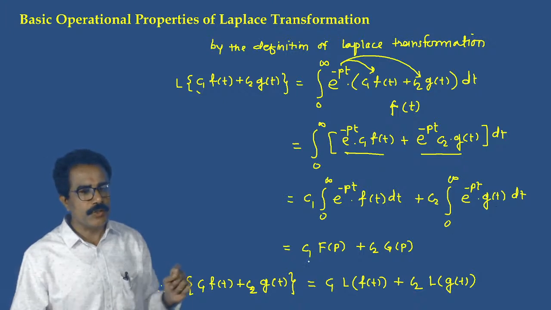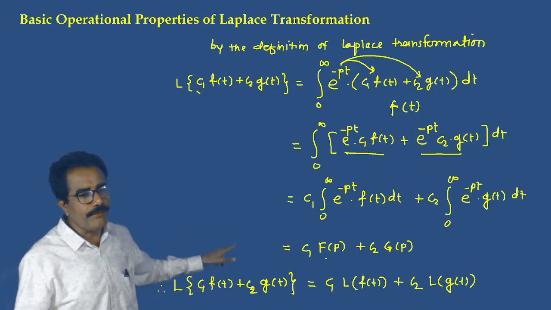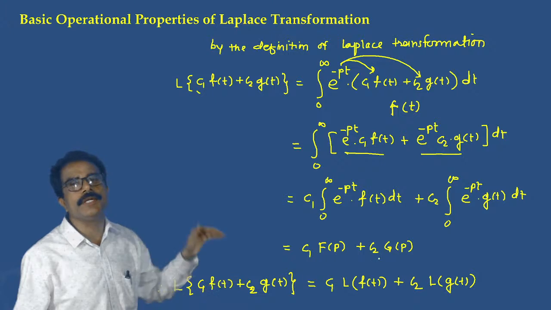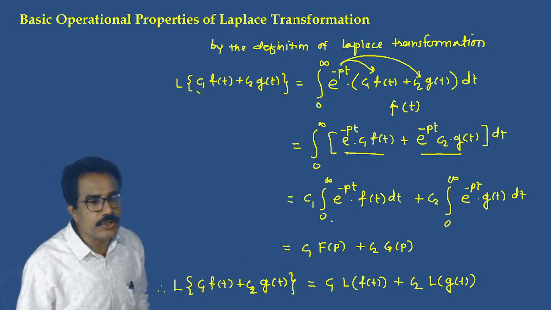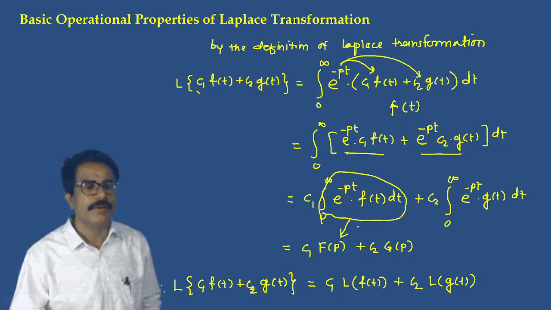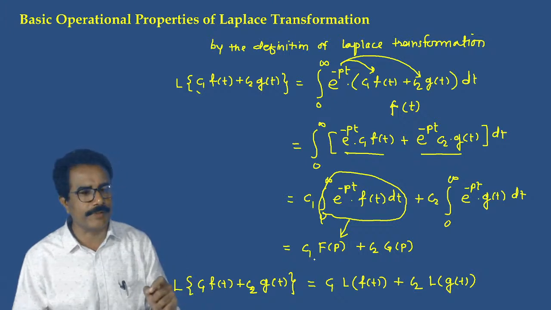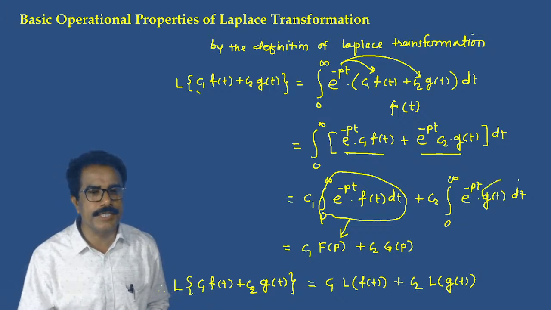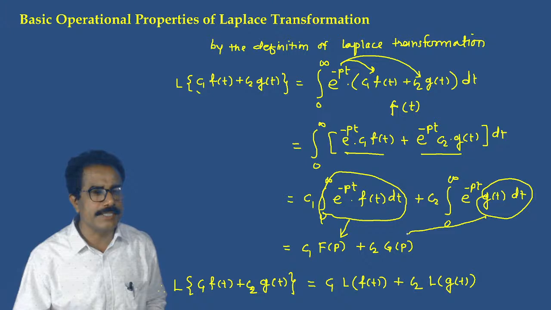Okay, so c1 into F of p plus c2 into G of p, because you know that according to the Laplace definition, we can write c1 into capital F of p and c2 into capital G of p.